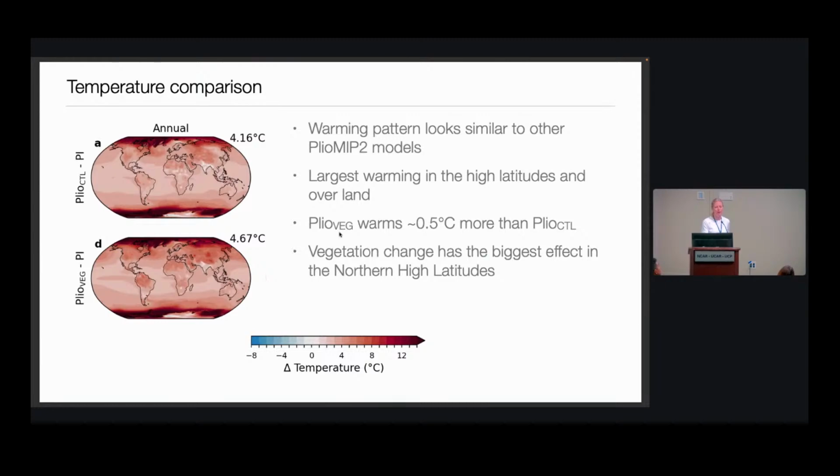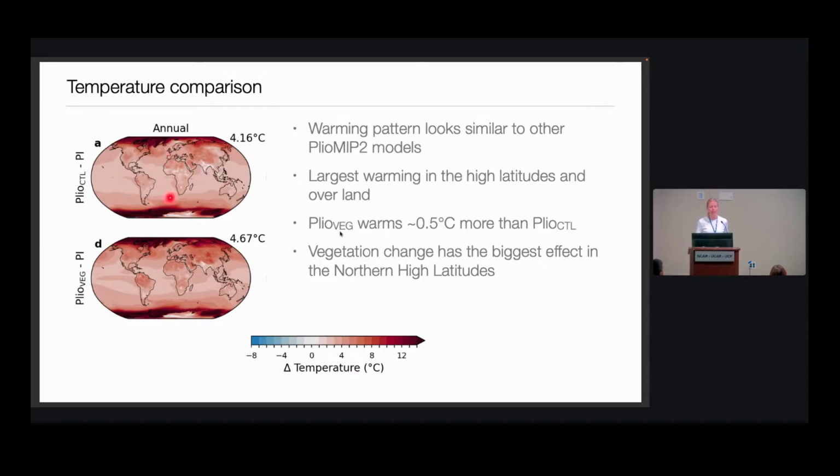So when I compare the temperature, on the top here, you can see our control run minus the PI, and the bottom is our Pliocene vegetation run minus the PI. The warming patterns both look similar to what we've also seen in the PlioMIP2 model ensemble. And we see that the largest warming is over the high latitudes and over land.